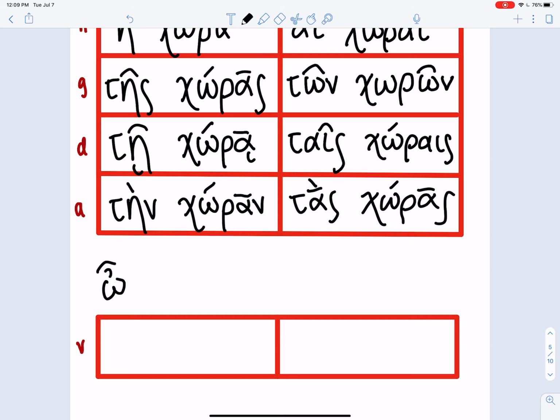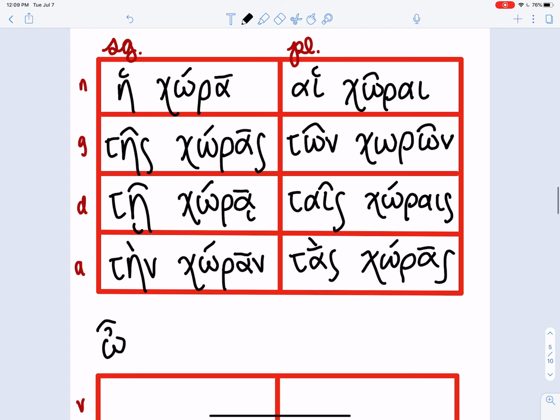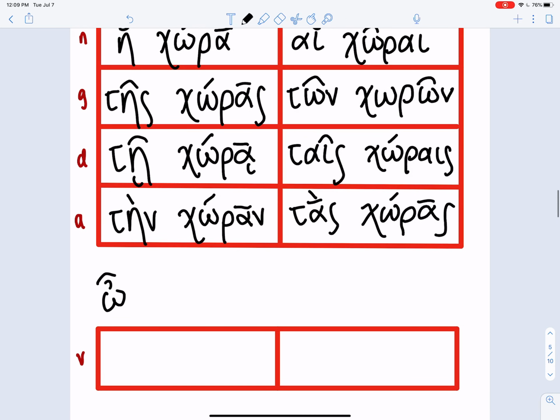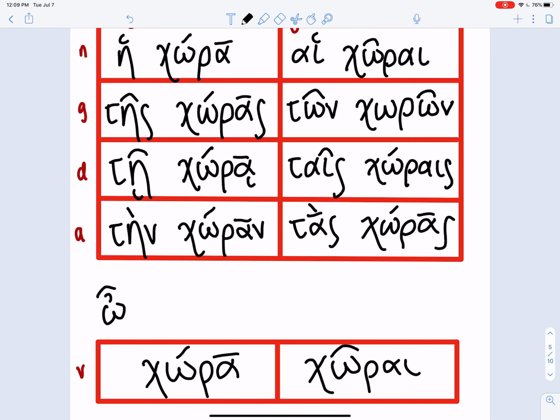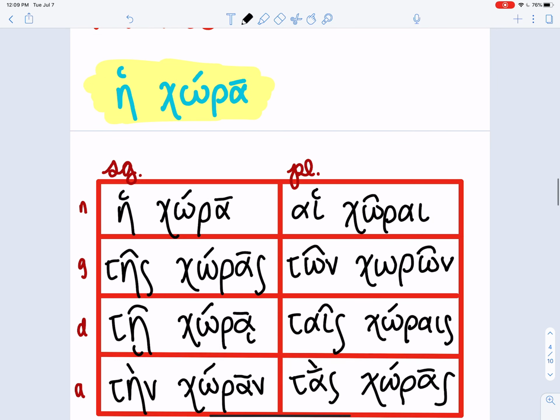It's not an article like he here. So we have hora and horai. Okay, that is it for he hora.